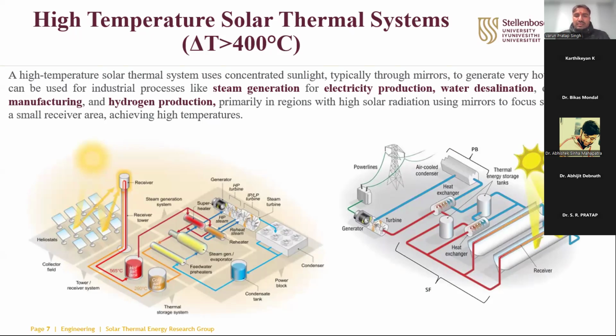Even countries like South Africa, which is developing, Australia, which is developed, and most countries in Europe, like Spain, are focusing on this technology. One is the central tower system, and another is the parabolic trough technology. So we are getting funding for those technologies now.